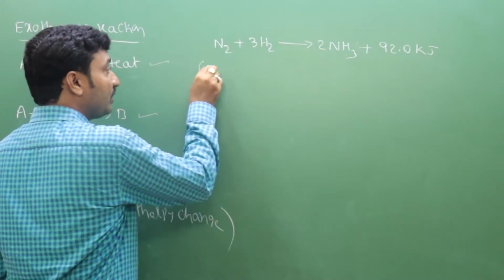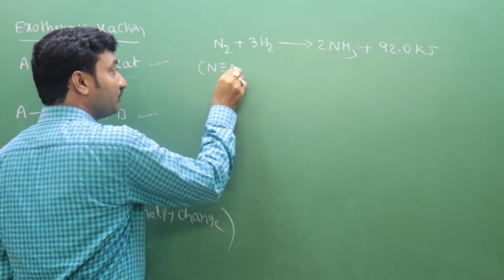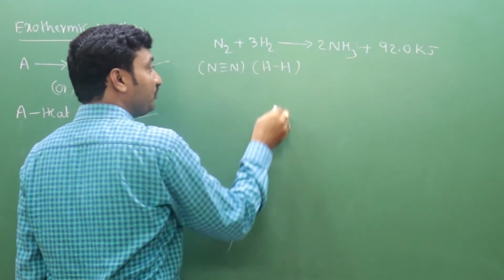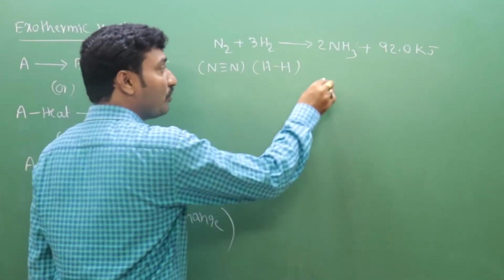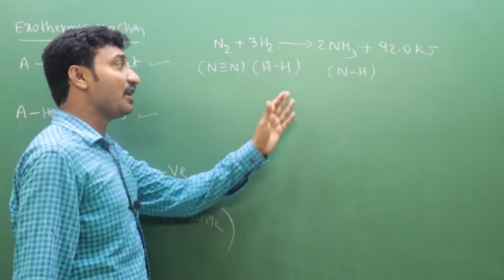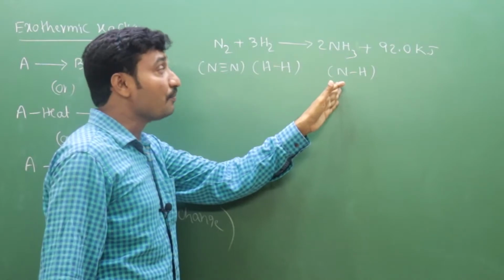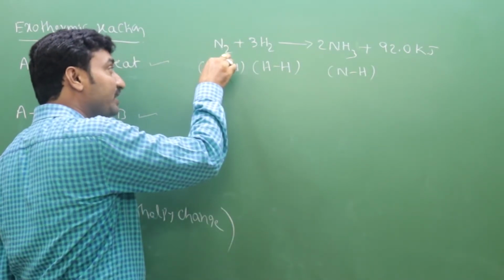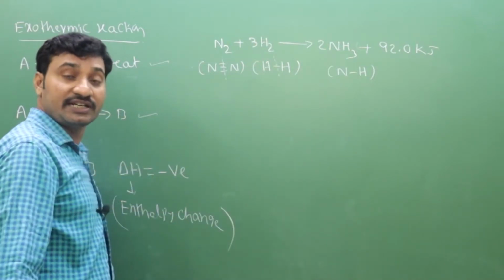In N2 there is a triple bond between two nitrogen atoms. In H2 there is a bond between H and H. Here the new bond is the N-H bond. So in the formation of these new bonds, more energy is released compared to the energy required to break the bonds. That is an exothermic reaction.